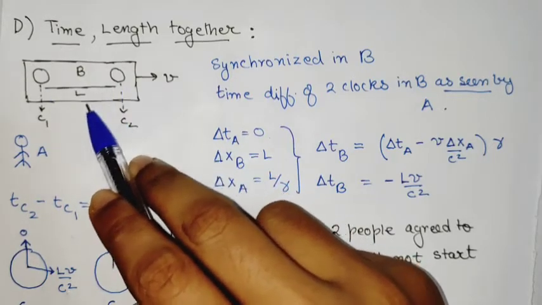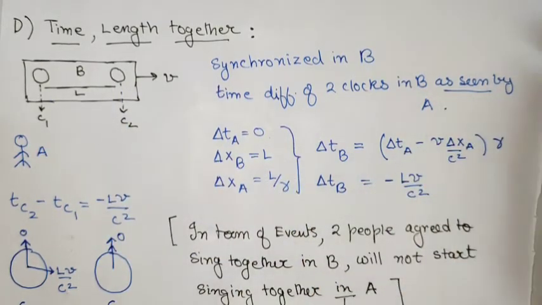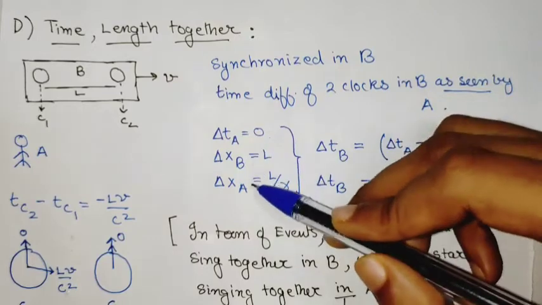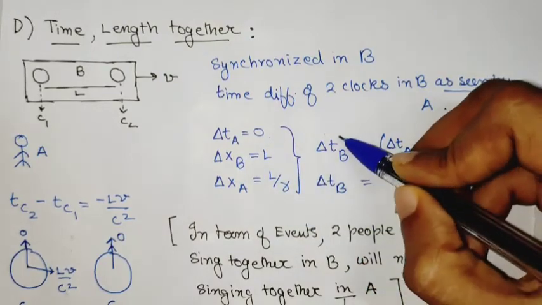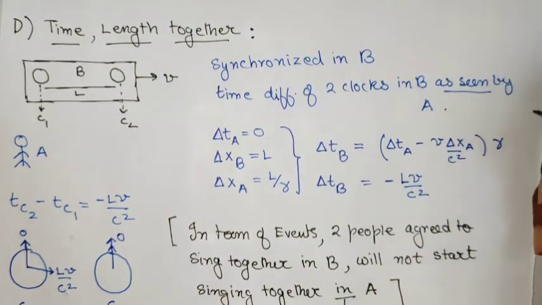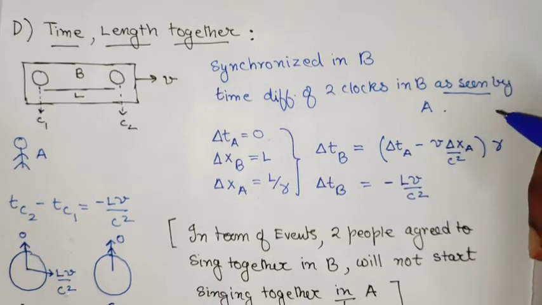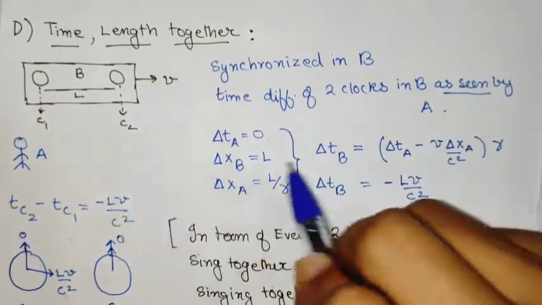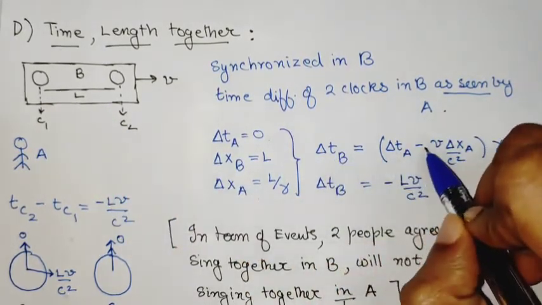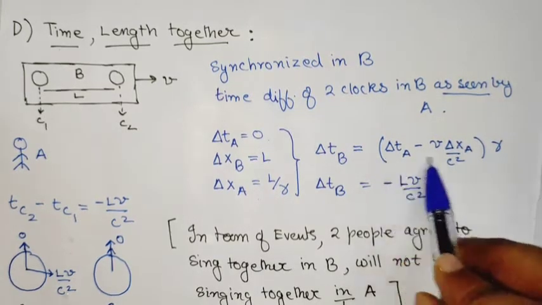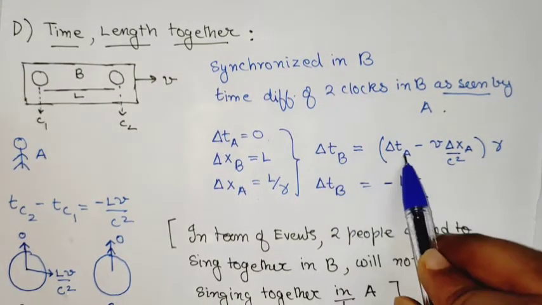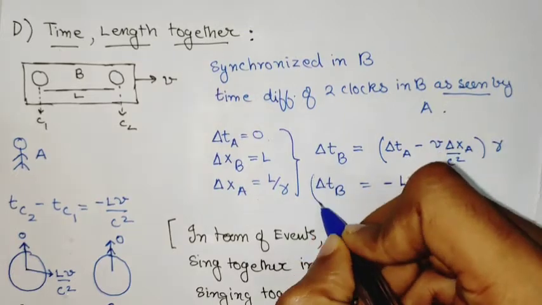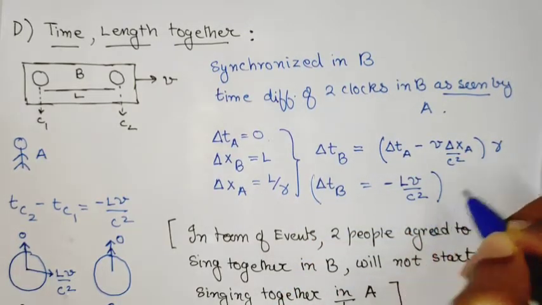A measures a contracted length, so it is L by gamma. With these three points we have to just find delta t in B frame. Delta t in B frame, which is the moving frame, is related to the rest frame by a minus sign, and this is what we get. Now we just put in the values, and the answer we get is minus LV over C square.